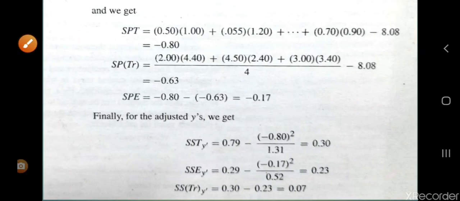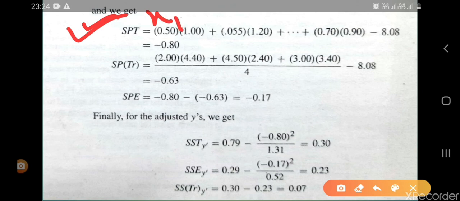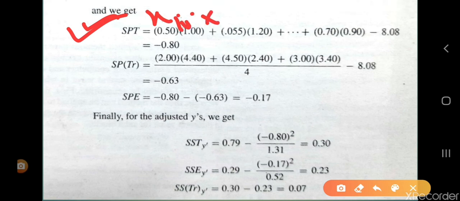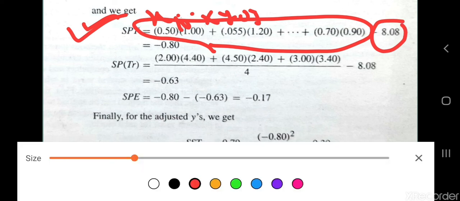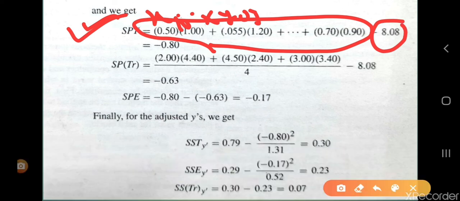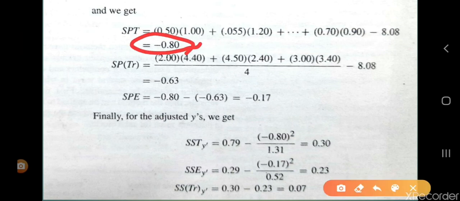The next is the total sum of product, which is given by the sum of xij into yij minus correction factor. So this is the total sum of product.